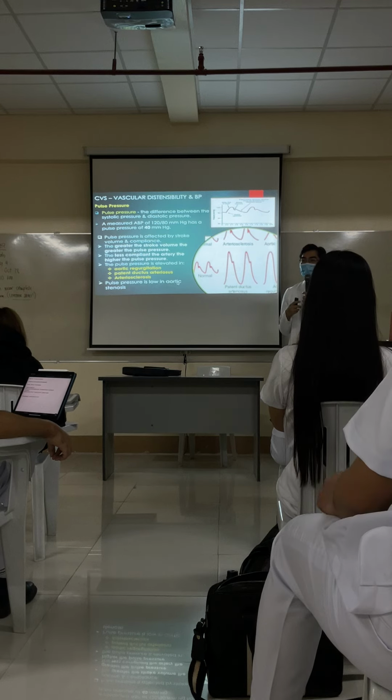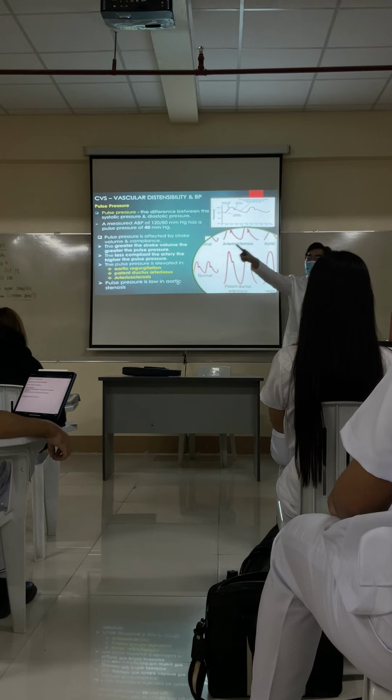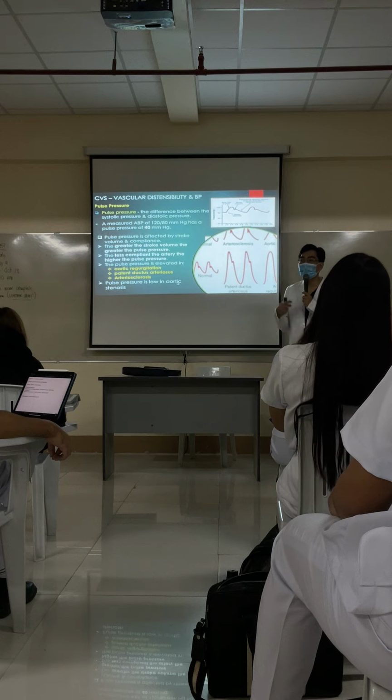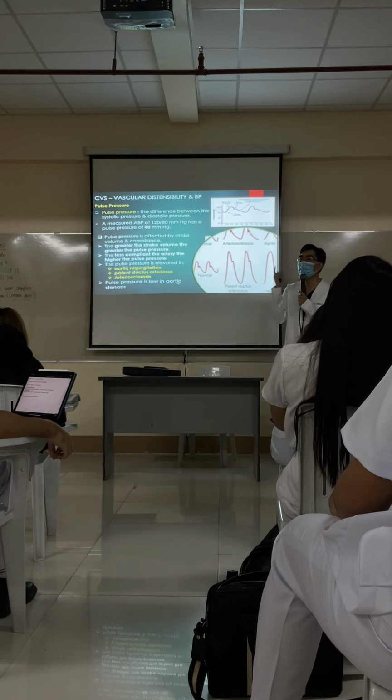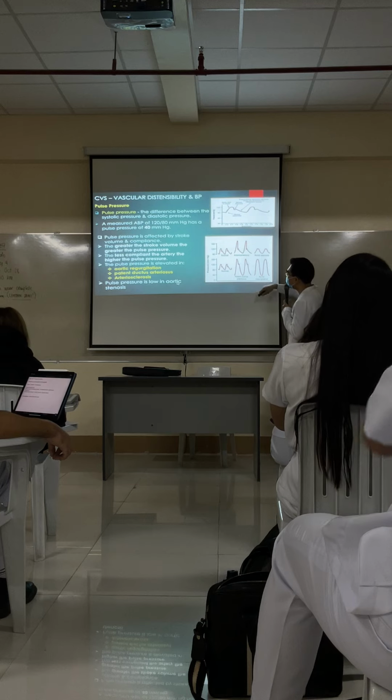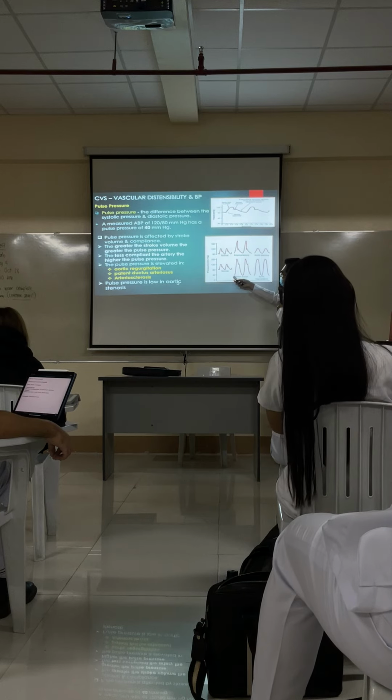So it reduces the pressure. However, that blood that went to the main pulmonary artery will go back to the left atrium, will go back to the left ventricle. Dumami na yung volume. So on the next contraction and succeeding contractions, napakarami ng volume which increases the pressure. That's why the systolic pressure is increased and the diastolic pressure is decreased. So what happens is, ano na ang pressure niya? 160 over 40.